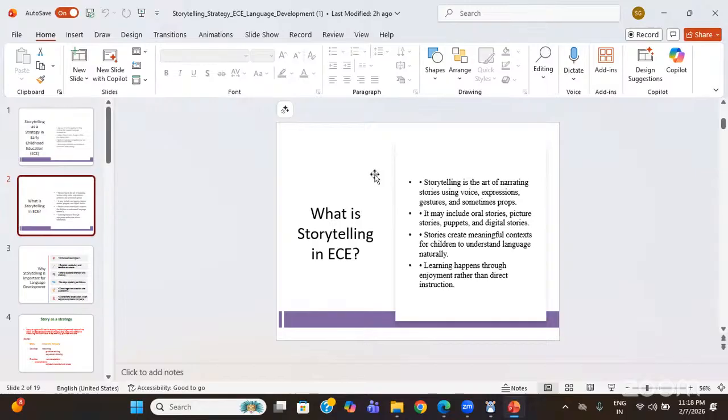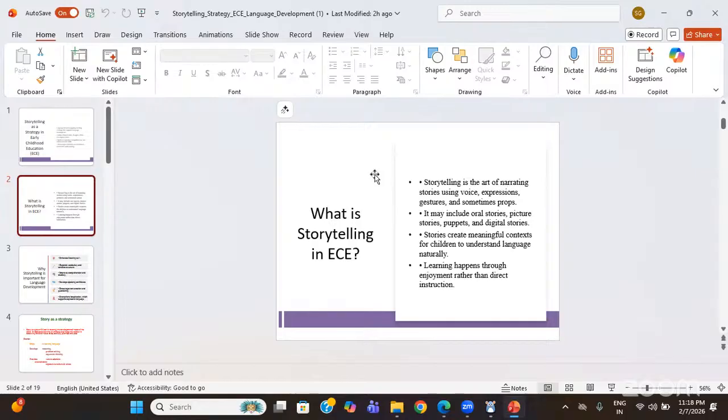You can introduce the story through your voice, your expressions, voice modulations, the high and low tones, your gestures, your body language, and sometimes by using props like flashcards and story cards, or some digital method, or you can tell it orally also.